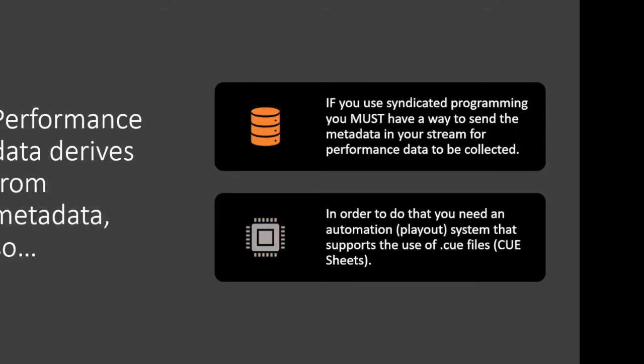If you use syndicated programming, you must have a way to send metadata in your stream so that we can collect performance data to be supplied to the performance rights organization. In order to do that, you're going to need an automation system or playout system, depending on what part of the world you're from, that supports the use of cue files, .cue files, which are cue sheets.